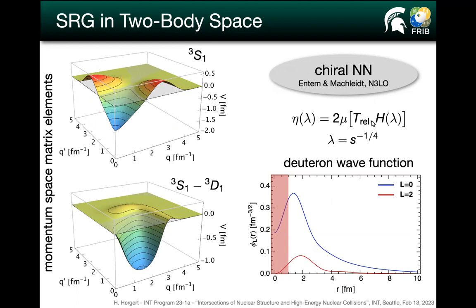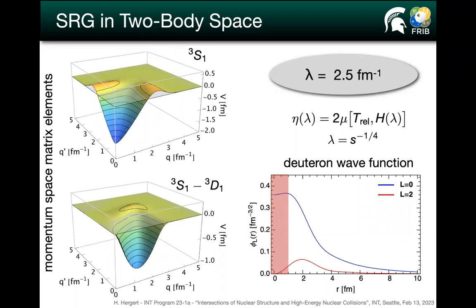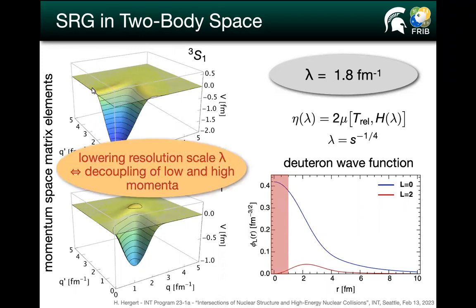Then we use this generator that consists of the relative kinetic energy, so it should drive these momentum space matrix elements towards diagonality in momentum space. Now we can look at what happens as we evolve with the flow equation, and you can see that these off-diagonal pieces in these matrix elements become strongly suppressed, so the strength is swept towards the diagonal.